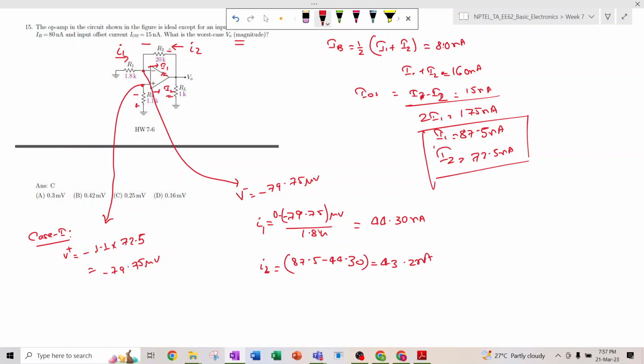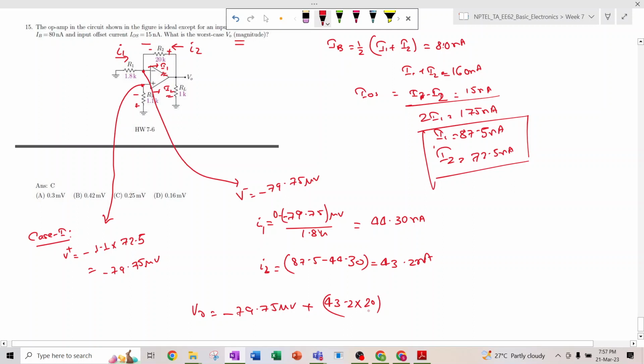So this is plus, this is minus, so V0 will be whatever the voltage is here, that is minus 79.75 microvolt plus this 43.2 nano into 20, this much microvolt.